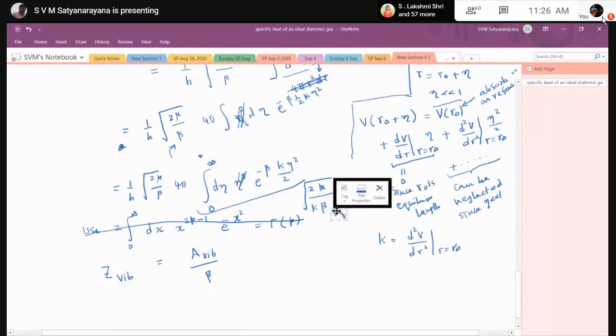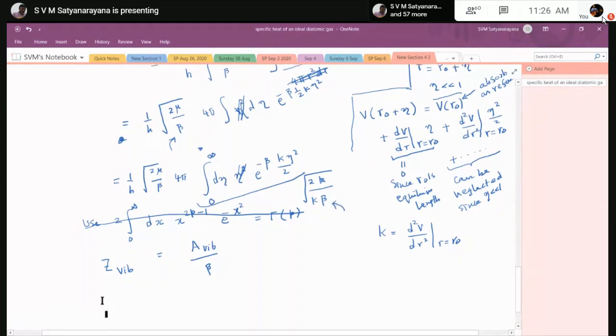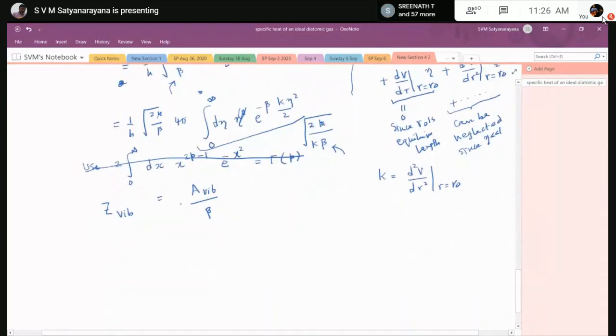So now if I write down the partition function for one diatomic molecule, which is translation, rotation and vibration, you can see that there is some constant, which I will call AT multiplied by AR multiplied by A vibration.